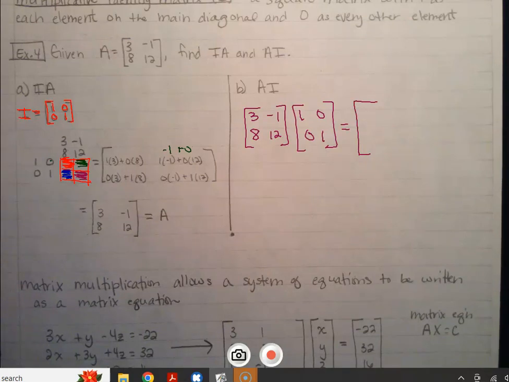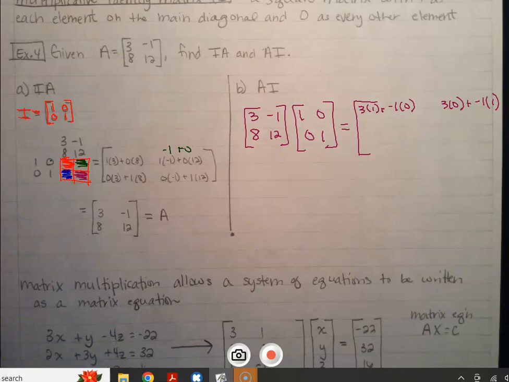All right, so let's do this first one. So we're going to have 3 times 1 plus -1 times 0. Okay? And let's do our next one then. So we're going to have 3 times 0 plus -1 times 1.